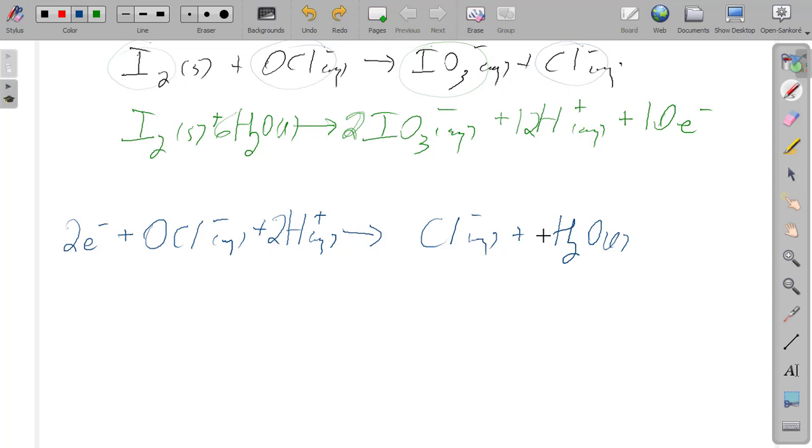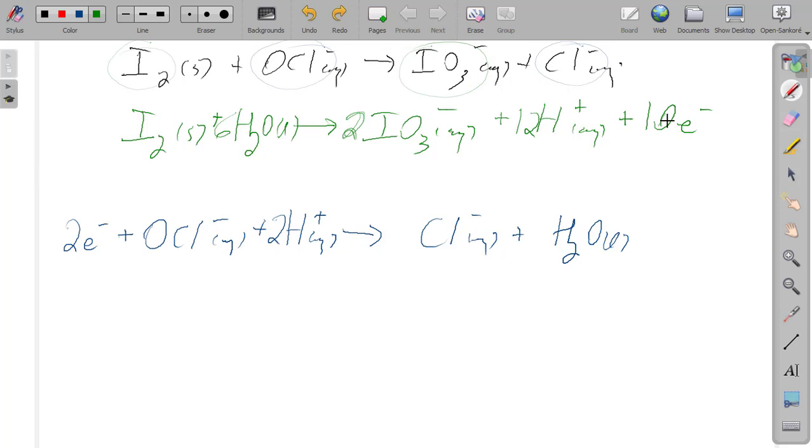All right. So while we're at it here, I need you to understand which is oxidation and which is reduction. Oxidation has the electrons on the product side. So this is the oxidation. Oops, got to change colors here.